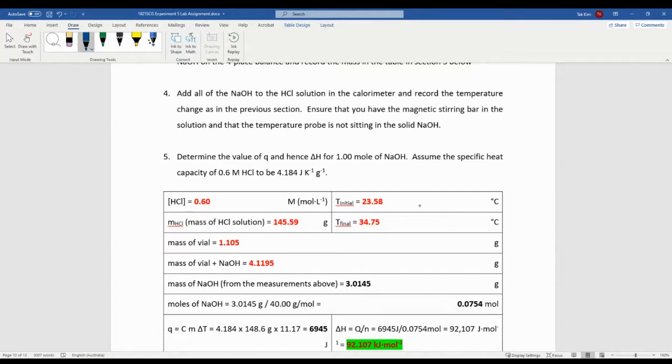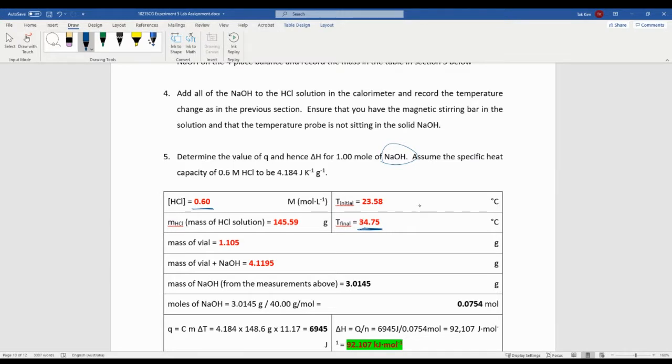The molarity is already given at 0.6, which is the same acid as in your part B. The initial temperature is given at 23.58 degrees Celsius, and the mass of HCl solution is 145.59 grams. By mixing this with your sodium hydroxide, you created this much heat, right?